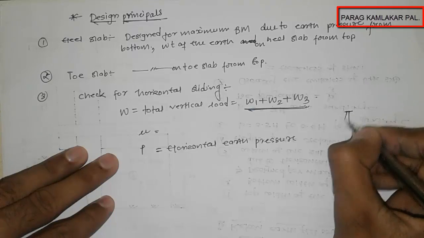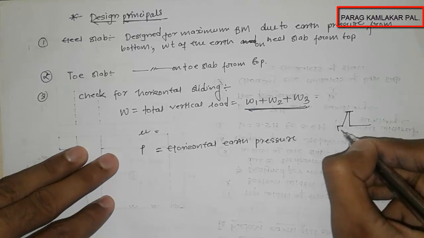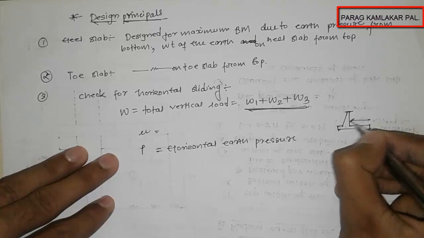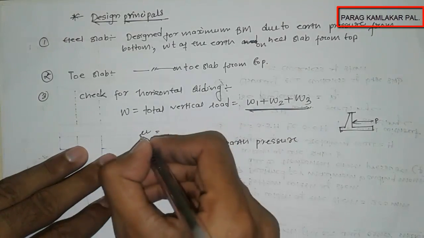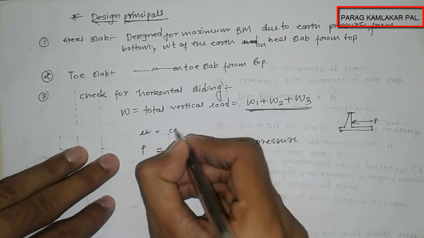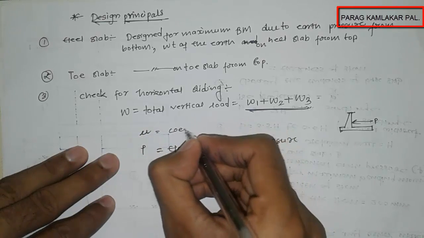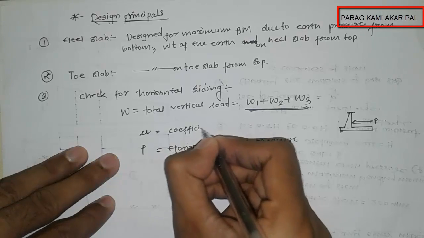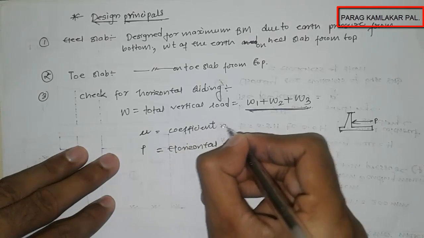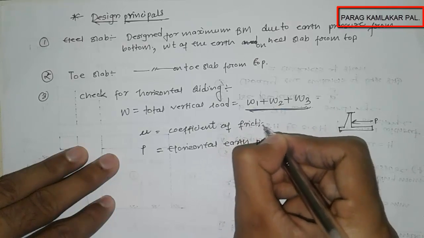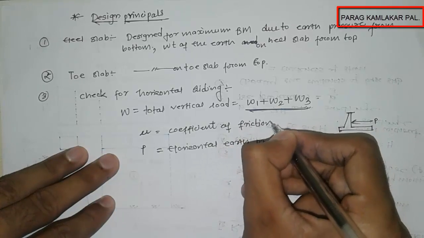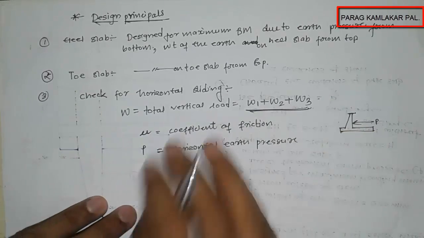Here the load is acting, which is nothing but P. And mu is nothing but the coefficient of friction. So these are the two things we need to remember.